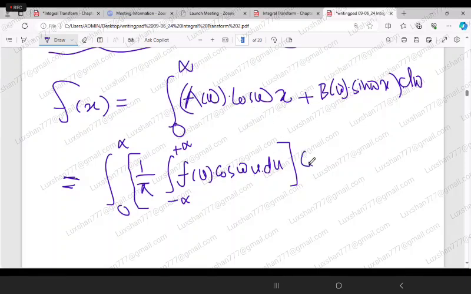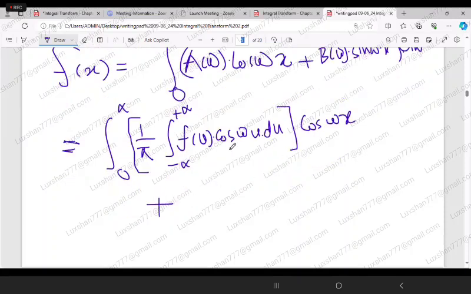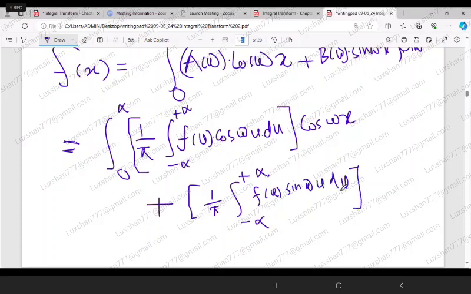Here I have cos omega x, I am writing that one, cos omega x, plus similarly I am going to replace b(omega) by its formula, that is 1 over pi integration minus infinity to plus infinity, f(u) sin omega u du into sin omega x. The whole thing into d omega.